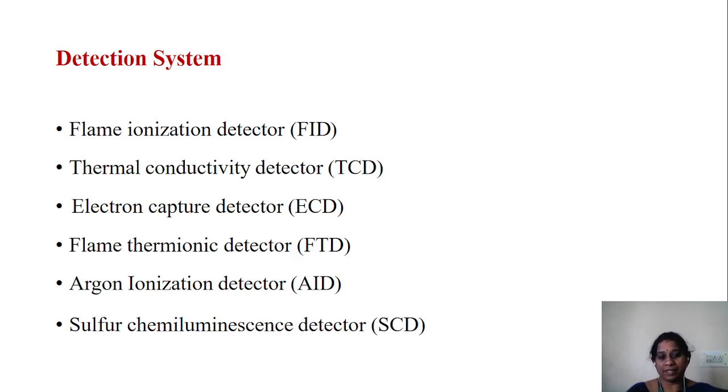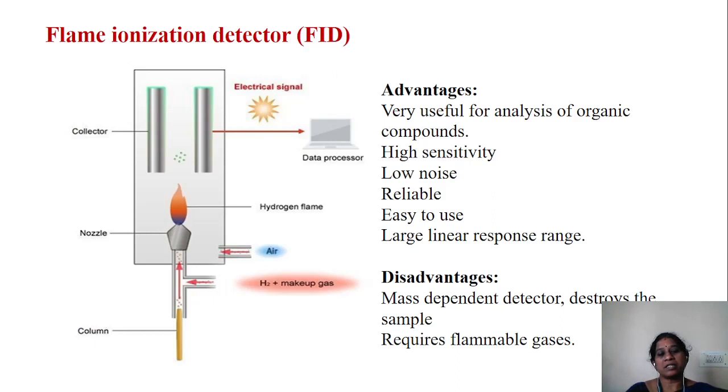Out of these detectors, let us discuss one type of detector, that is the flame ionization detector. Just have a look at this diagram. In the flame ionization detector, hydrogen gas is mixed with the column eluent, and it is fed through this nozzle, and this hydrogen-mixed column eluent is exposed to air and it is burnt.